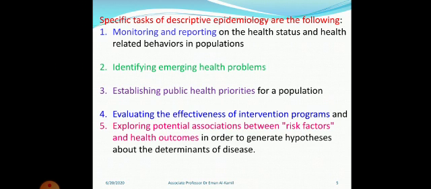So there are specific tasks of descriptive epidemiology which include the following. First, monitoring and reporting on the health status and health-related behavior in the population. So it is not only responsible for observation of the disease in the community, but also the health-related events or behavior of the population that affect the occurrence of disease.